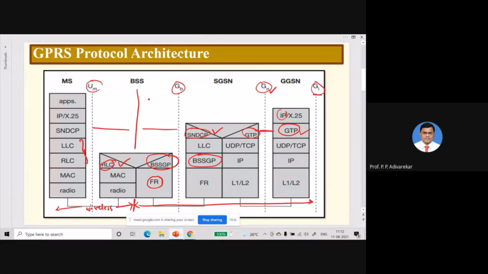If there is communication in the reverse direction, suppose from the mobile station to GGSN, towards the external network, the same protocols will be utilized, the same thing is going to happen. Functionality will be slightly different, that is the only change. So let's see the function of each protocol in detail, one by one.